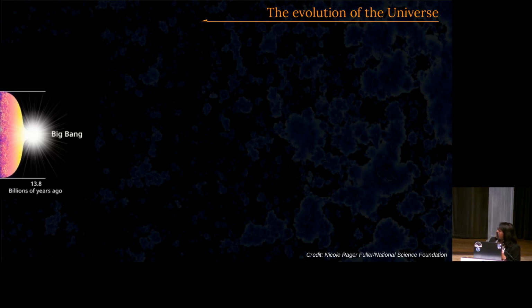Gradually, when the universe started expanding, it started to cool. This cooling led to the decoupling of the photons from the matter, and the photons started moving freely around, and that constitutes what we know today as the cosmic microwave background radiation.